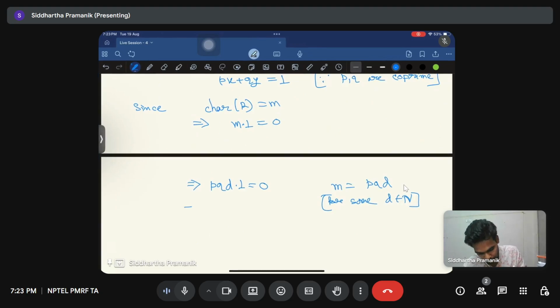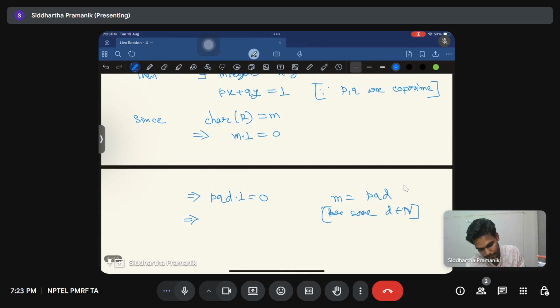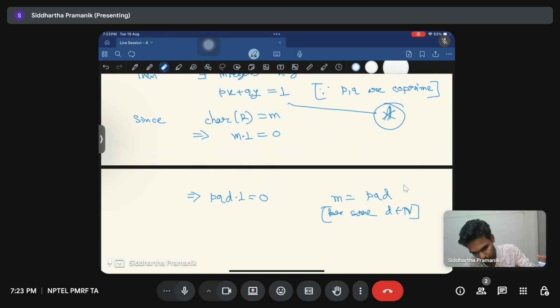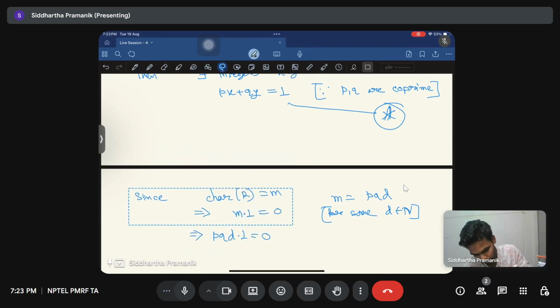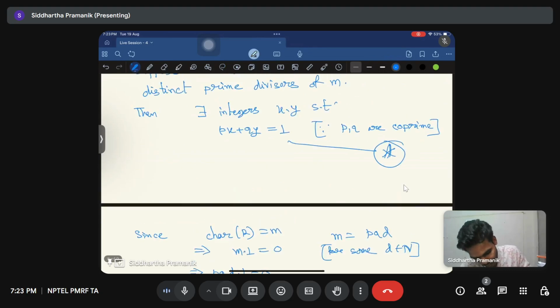Let's put this equation as double star. Now px plus qy equals 1.